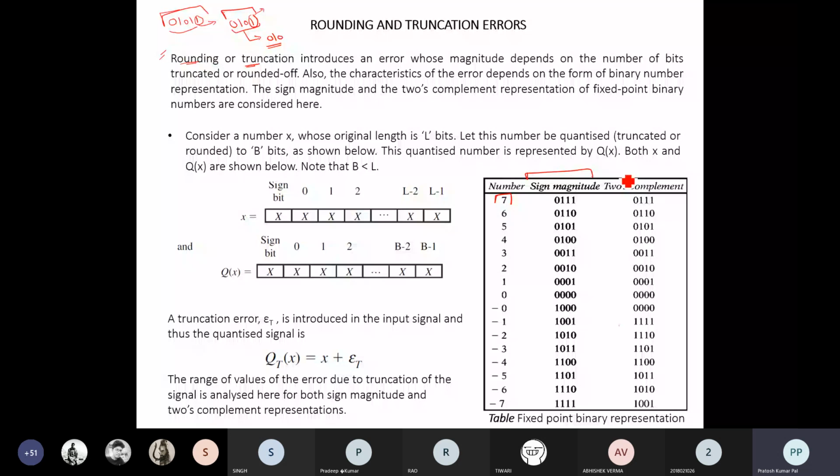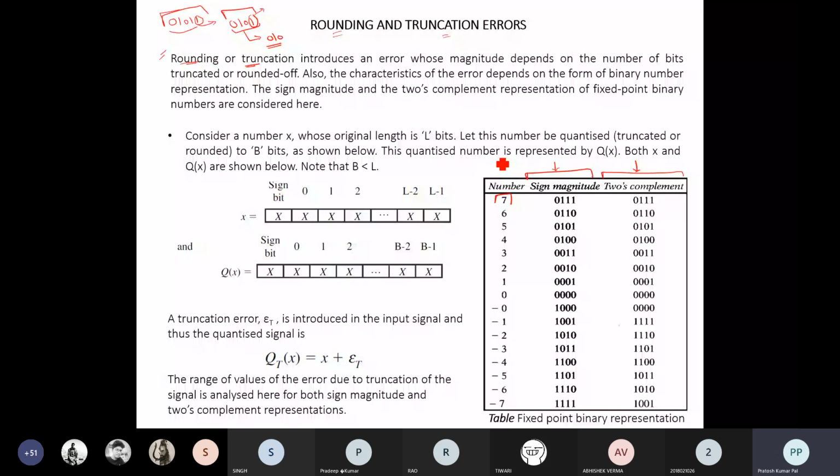Based on what type of representation of a number is used, there will be different values of errors possible. We will see that if a particular number is represented in sign magnitude, then what will be the rounding and truncation errors, and similarly, if it is represented in 2's complement, then what will be the rounding and truncation errors. We will be seeing that.